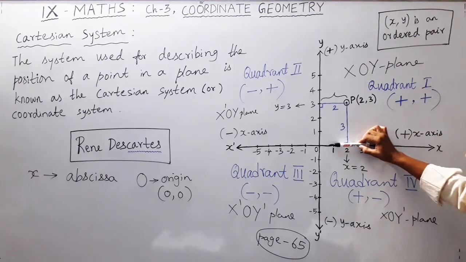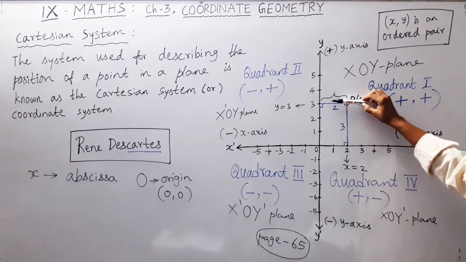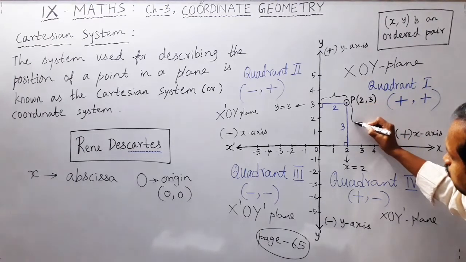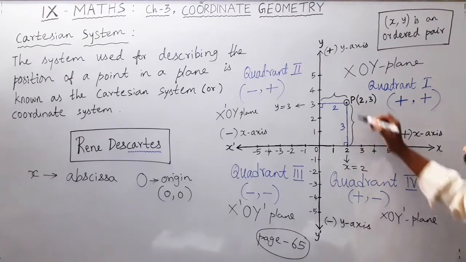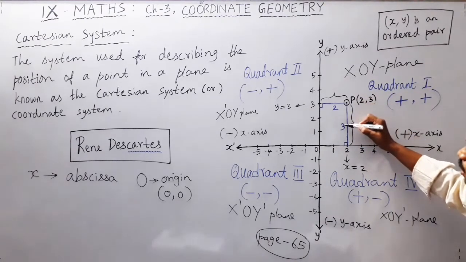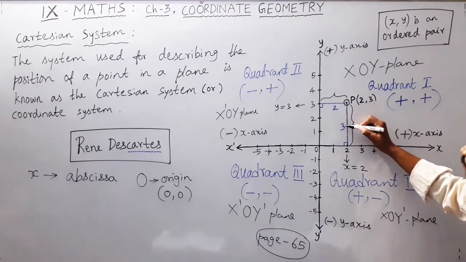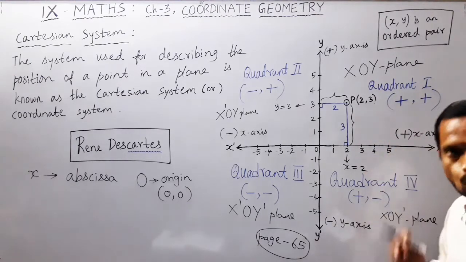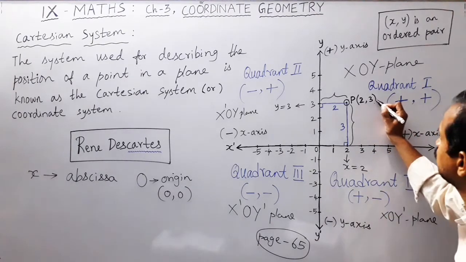From the x-axis to the point, this is the distance, and it is 3. Here I have written 3. So that 3 is nothing but the y-coordinate.